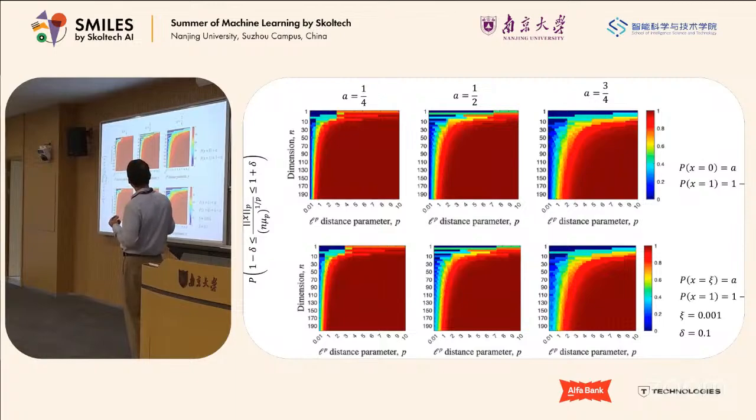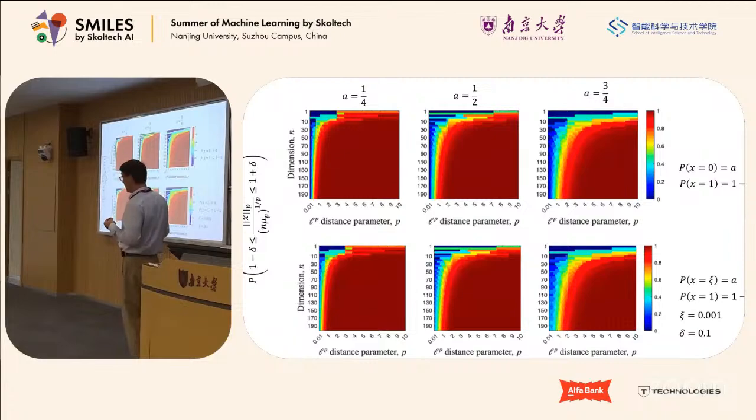And this is a coloring scheme enabling you to see those empirical probabilities. And you see that for A equals 3/4, and in fact for all of them, around 0 here, you have nothing. So nothing concentrates.